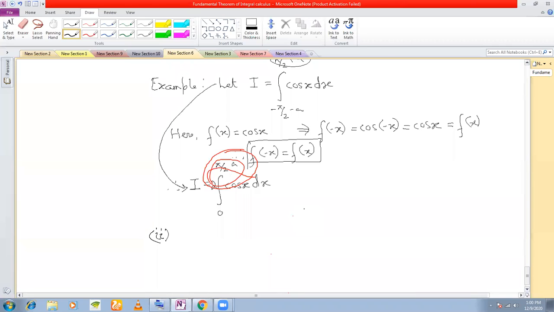This one, the circle one, I have not understood which I have circled. Okay, remove the circle. I'm making you understand.